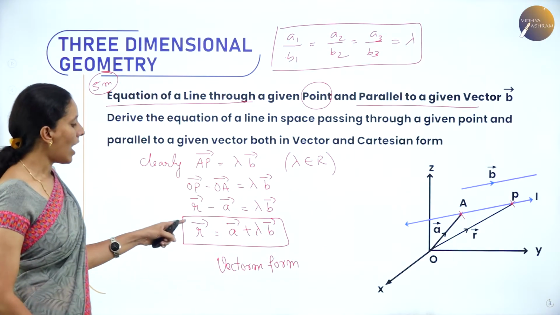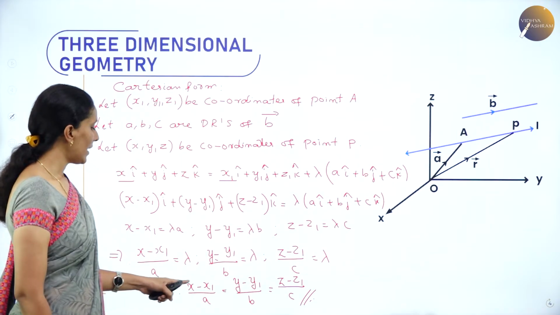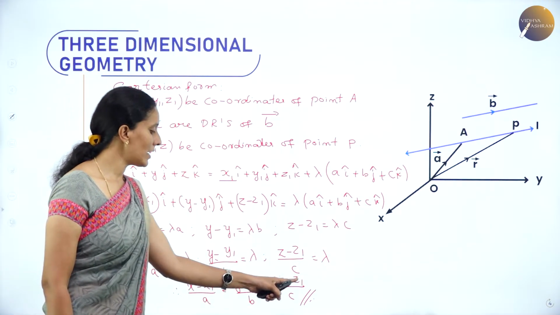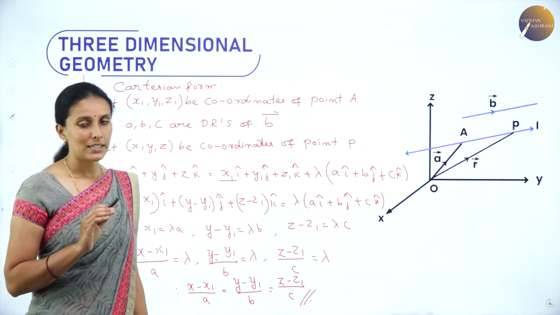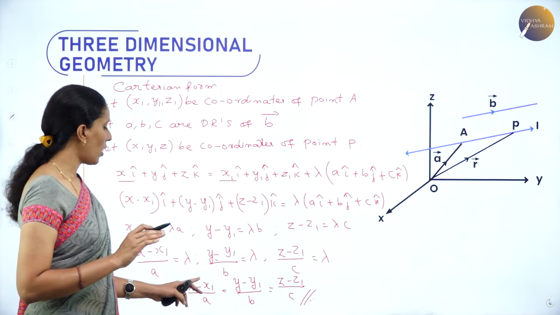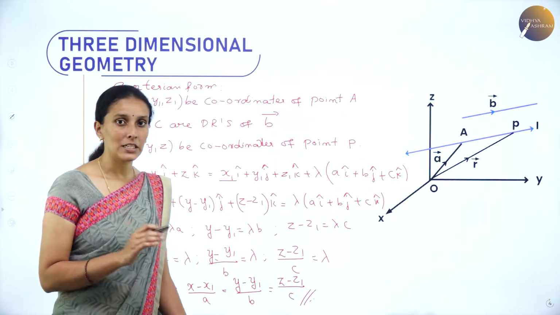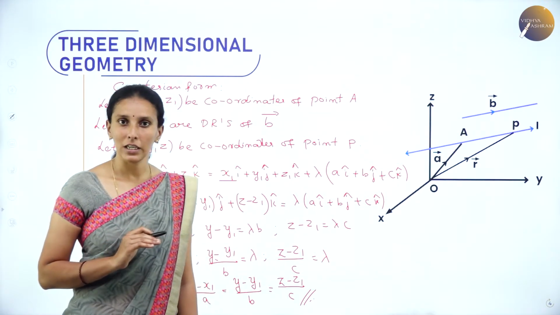So thus r is equal to a plus lambda b is the vector form, and x minus x1 by a, y minus y1 by b, z minus z1 by c is the Cartesian form of the line passing through the given point whose coordinates are x1, y1, z1, and a, b, c here represent the direction ratios of vector b which is parallel to the given line.